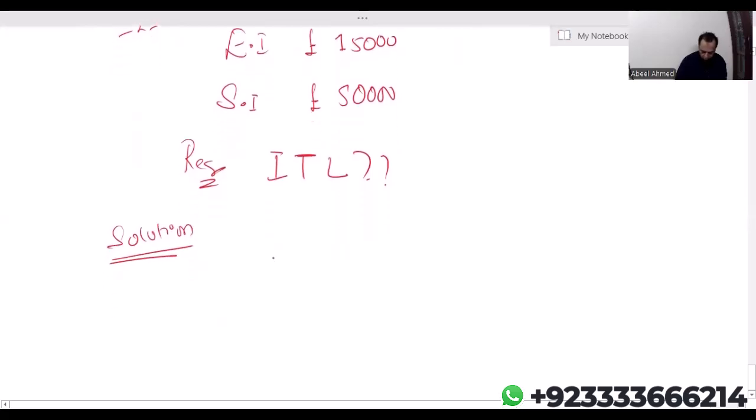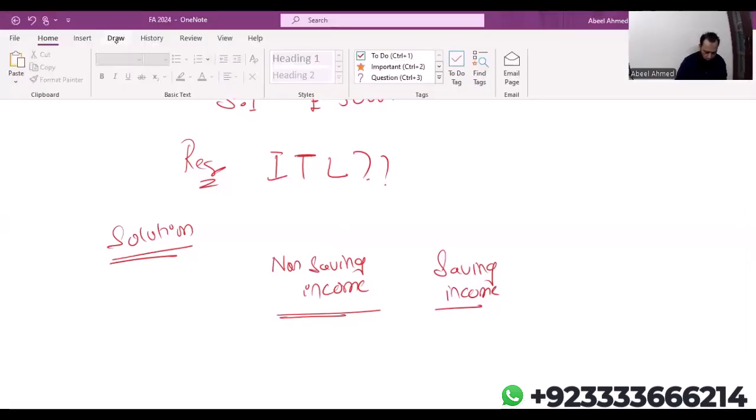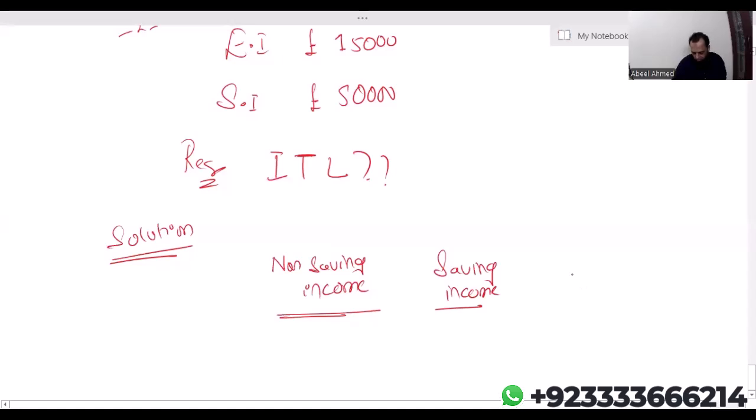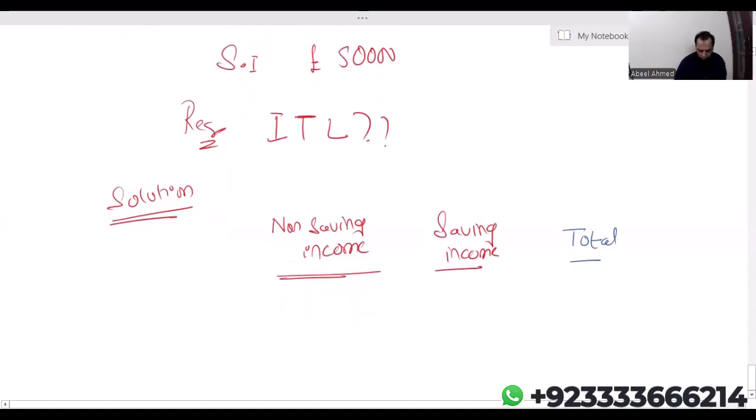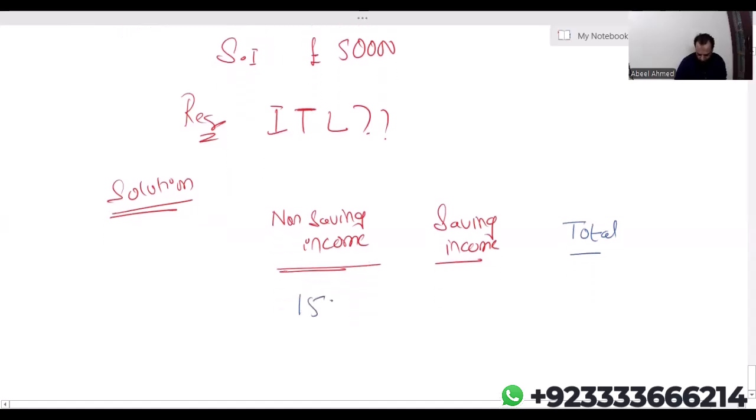Employment income, which is a non-saving income. Saving income. Another column is total. Employment income is 15,000. Saving income is 50. The total is 15,050.